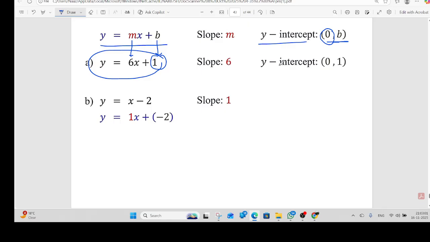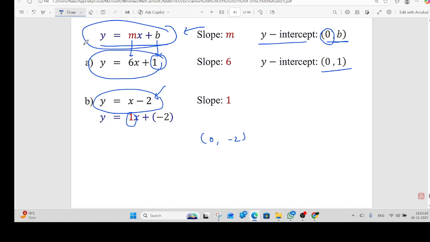So 1 can be written as 0 comma 1, right? This is again in slope intercept form. Here y-intercept is 0 comma negative 2 and slope is 1. Slope is the coefficient of x, but the equation should be written like this. There should not be anything with y. Y should be isolated, right?